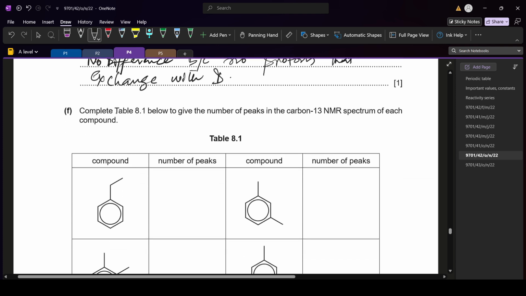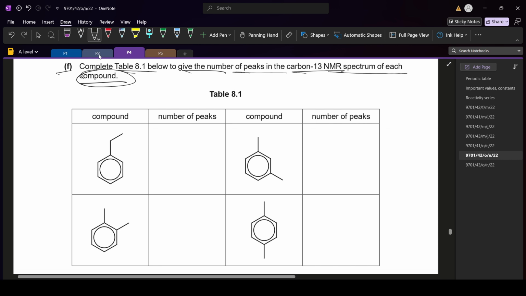Now F. Complete table 8.1 below to give the number of peaks in the carbon-13 NMR spectrum of each of the compounds. So for carbon-13, let's first find the environments of each carbon. Let's start from the ring. This carbon will have a different environment. Then these two carbons will have the same environment. Then these two carbons will also have the same environment.